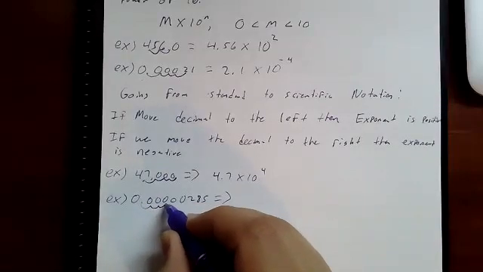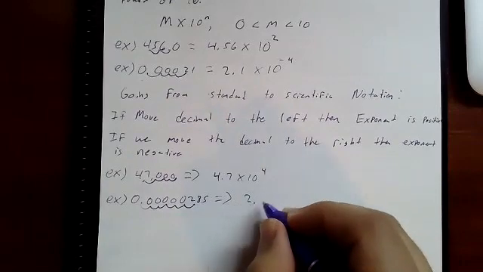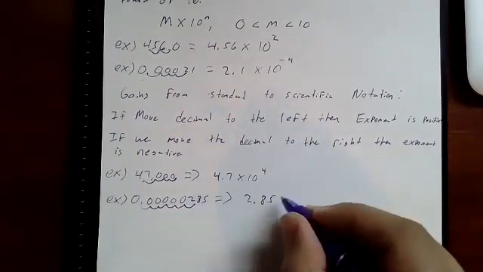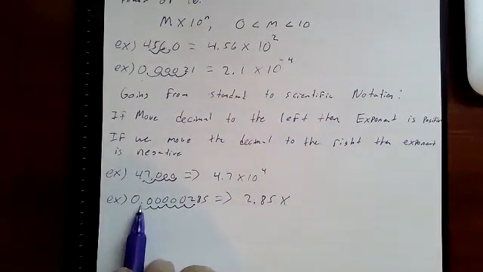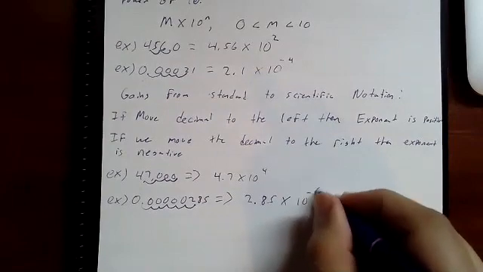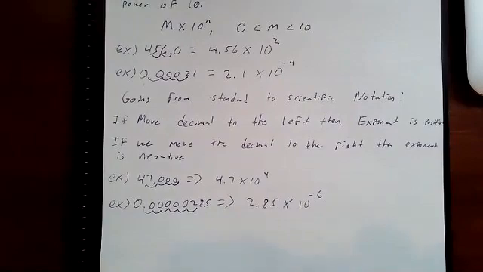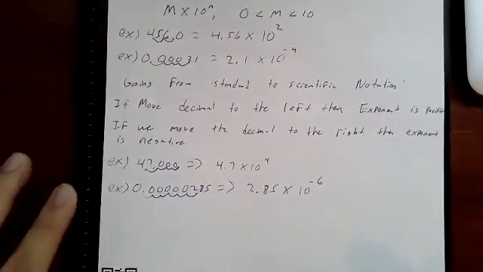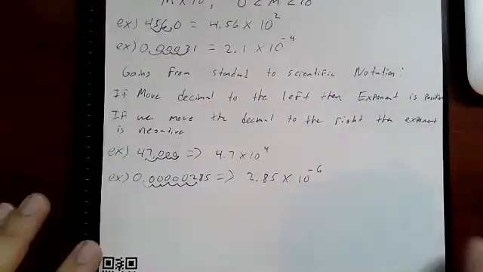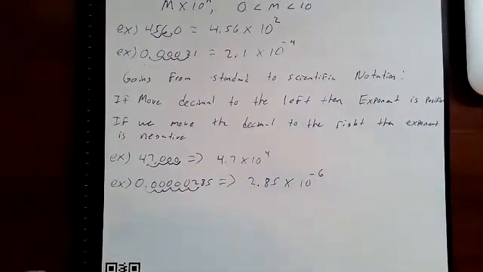So 1, 2, 3, 4, 5, 6. I stop once that m is less than 10. So far, you guys are cool on the basic concept? We're good. Yes. Okay.